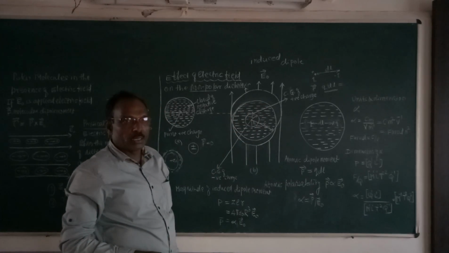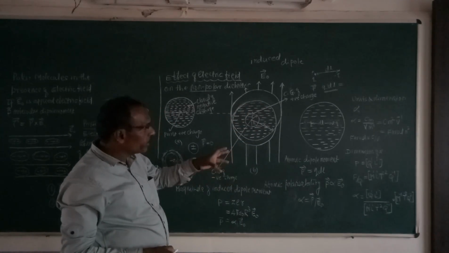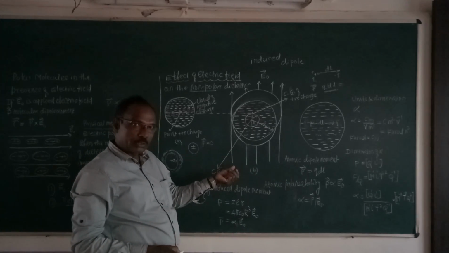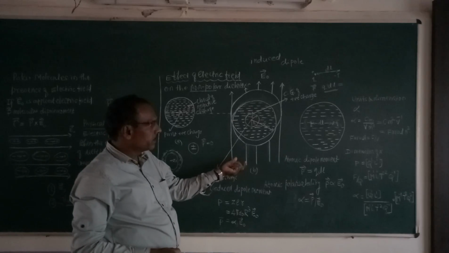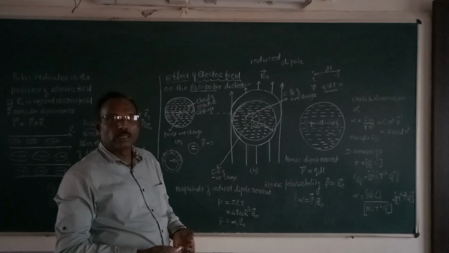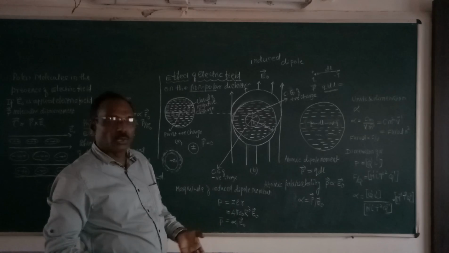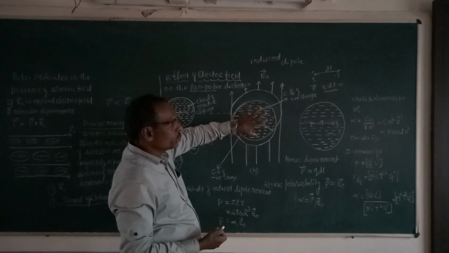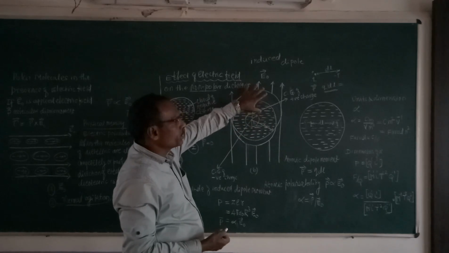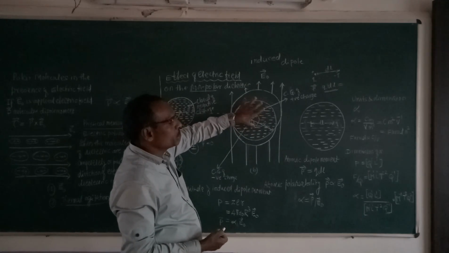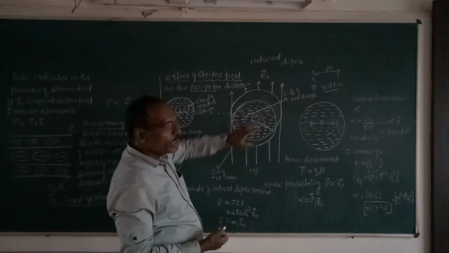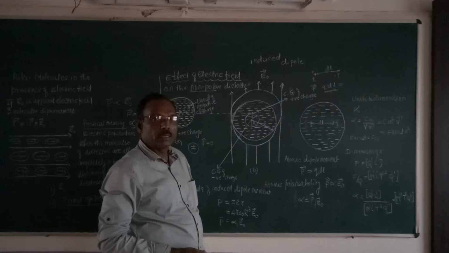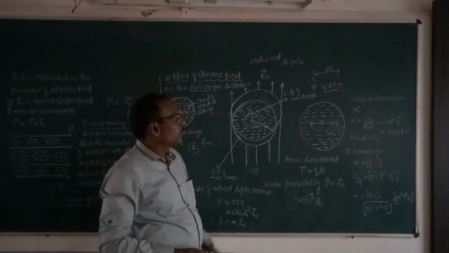The moment we remove or switch off the electric field, that is voltage per unit length, volts per unit length, which we call the electric field intensity or its strength, the dipole moment disappears.